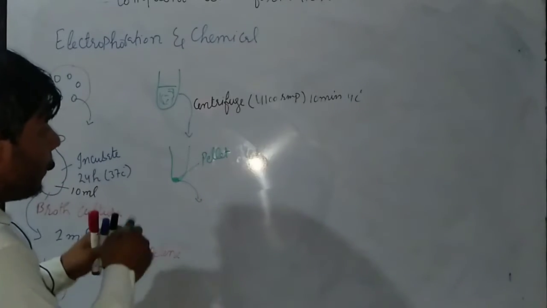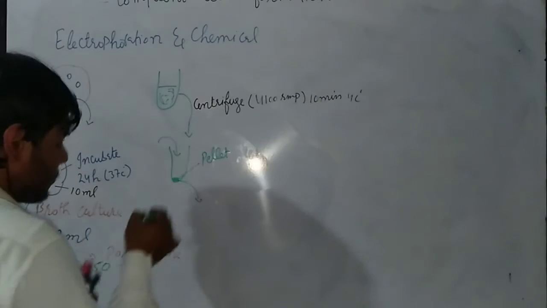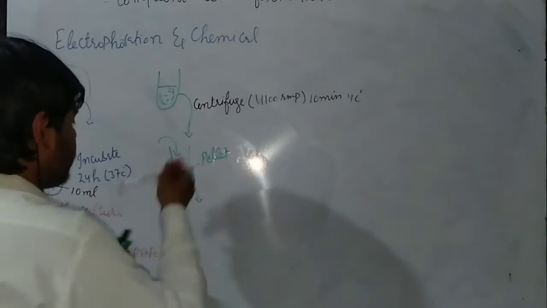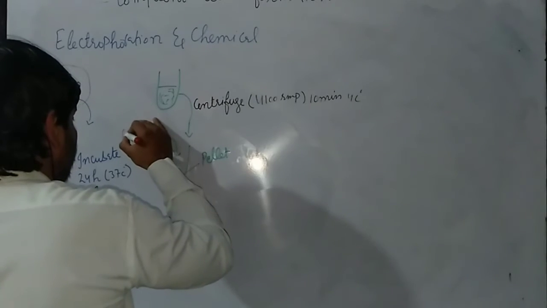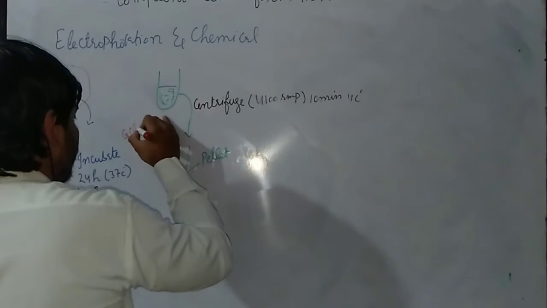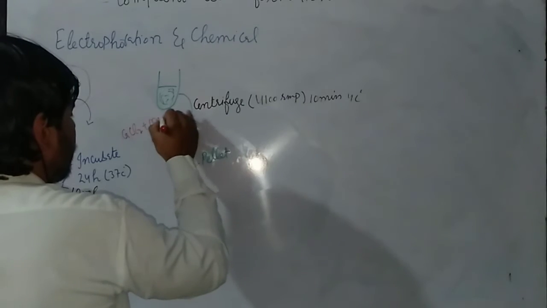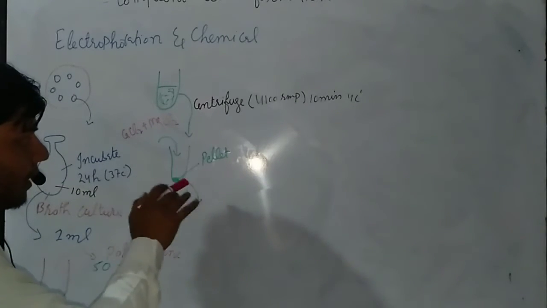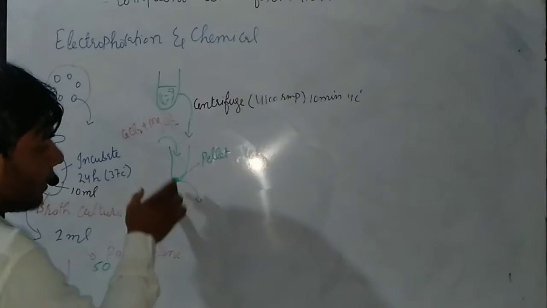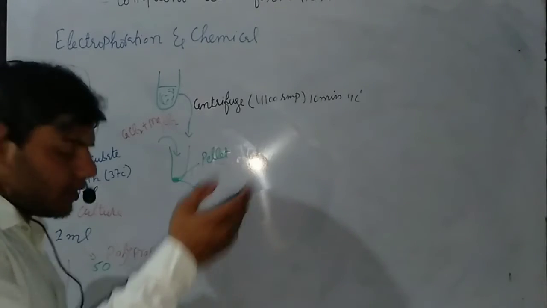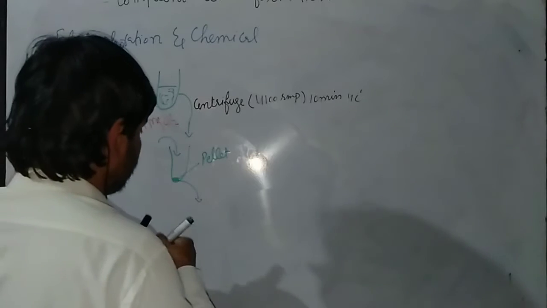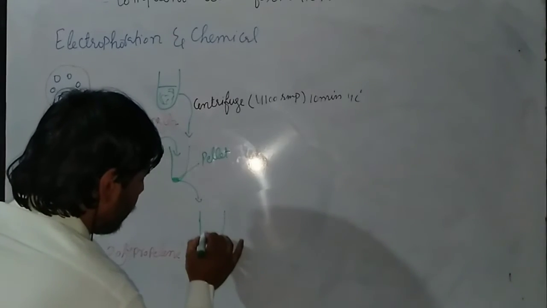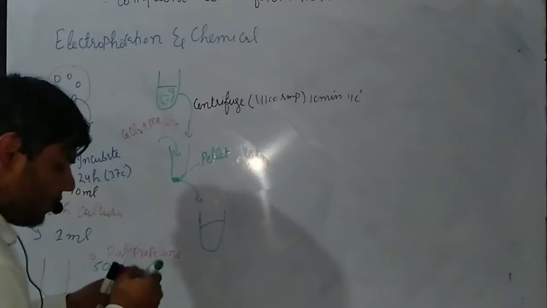We put here a solution of calcium chloride plus magnesium chloride. Once we put calcium and magnesium chloride here, the pellet becomes resuspended. Again, this is the tube and now the solution is resuspended.